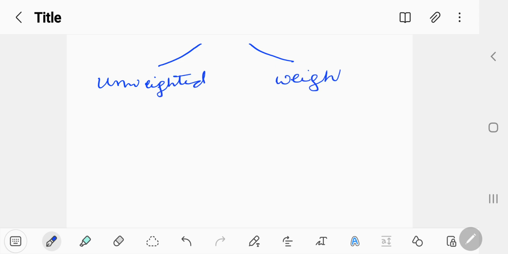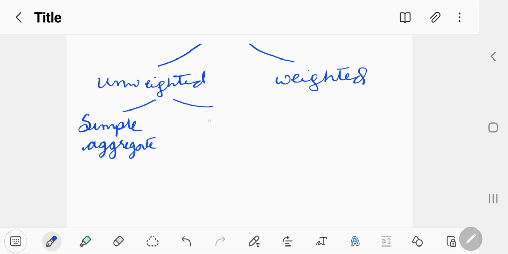Now, coming to the methods, broadly index number is categorized as unweighted or weighted. In the case of unweighted, either price or quantity is given, whereas in weighted, both price as well as quantity is given for the calculation. In the case of unweighted, we have simple aggregate method and simple average of price relative method.